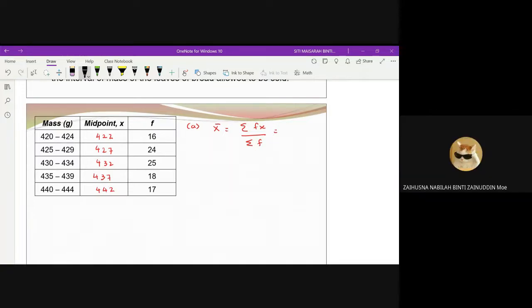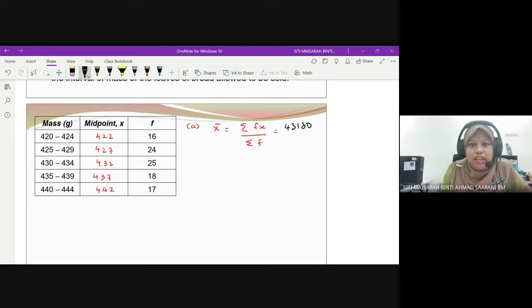Kat 3180. Okay, divide by total frequency dia is 100. So then you get 431.8 as the mean is 431.8.